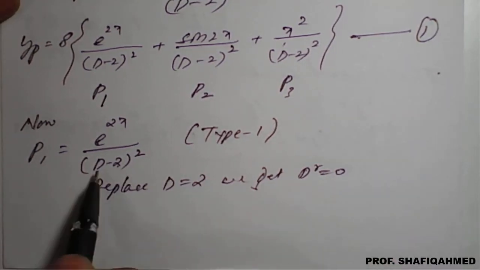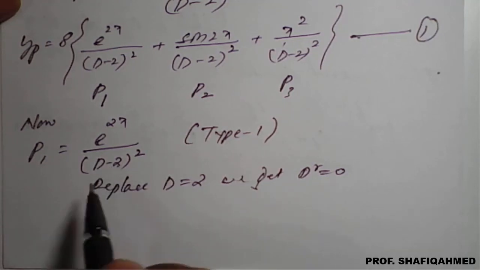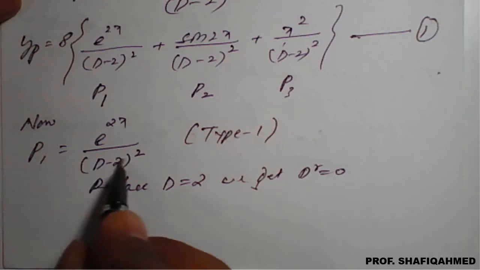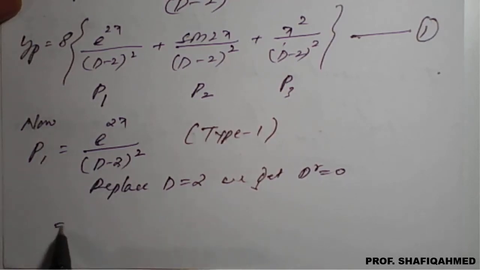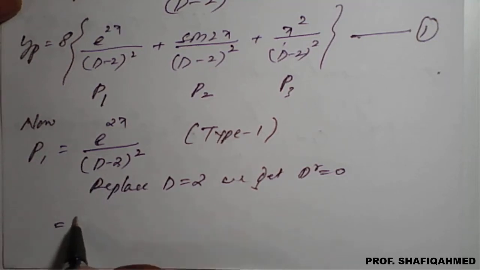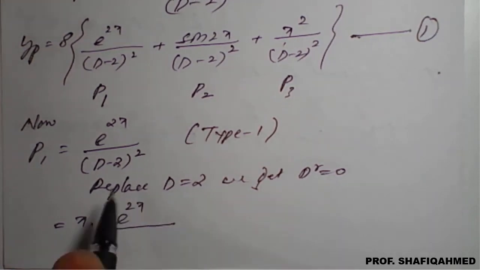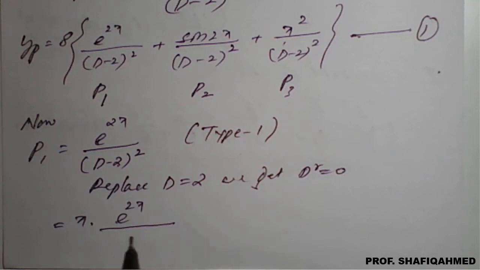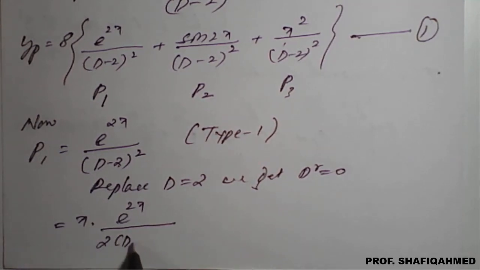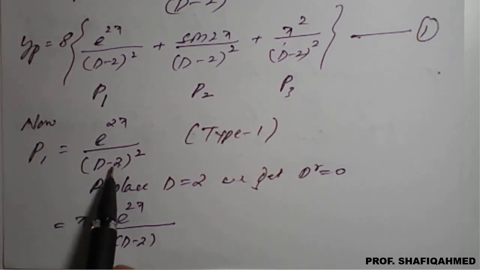Just check here, if I apply 2, 2 minus 2 is 0, so the denominator becomes 0, and we know that if the denominator becomes 0, we have to differentiate the previous part, that is (D minus 2) whole square will be differentiated. So we multiply by x and e raised to 2x divided by, the derivative of (D minus 2) whole square, which is 2 times (D minus 2) into the derivative of D with respect to D, which is 1 minus 0, so leave it.